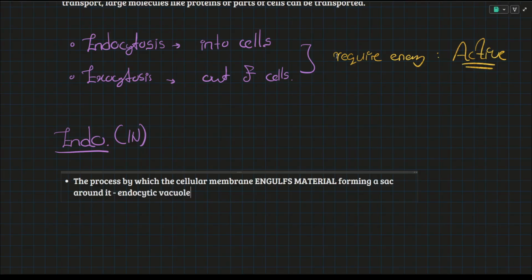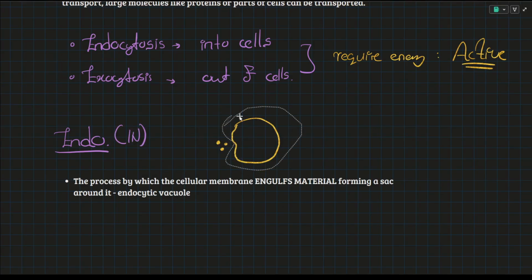Let's look here. Let's say I have some particles, and here's the cell. Now what this cell is going to do is it's going to recognize, oh, I have to engulf these particles. So I should do something like this. So it's going to go close by to the particles and try to engulf them. So something like this forms.